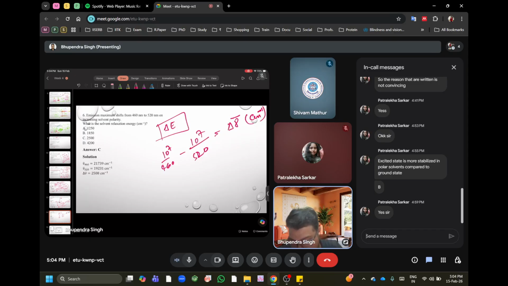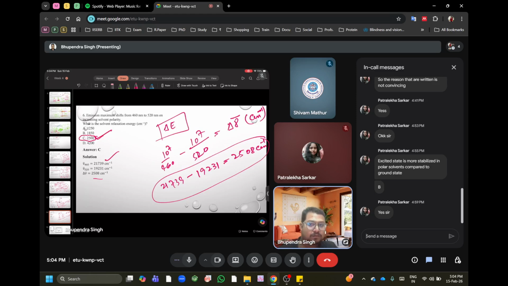It would be 21739 and 19231, and it would give you 2508 centimeter inverse, approximately 2500. Option C is correct. This is okay, I believe so.